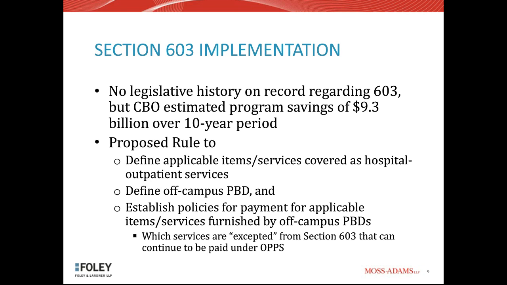So in this proposed rule, to try to deliver on this $9.3 billion, CMS is defining applicable items and services that will be paid as hospital outpatient services. They're going to further define off-campus provider-based departments, and they're going to establish policies for payment for the applicable items and services furnished at these off-campus PBDs.